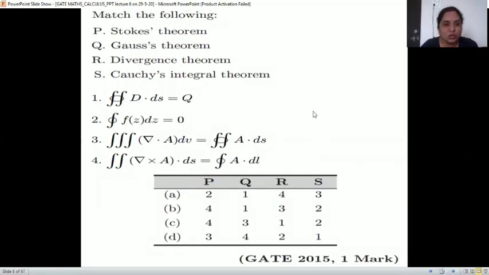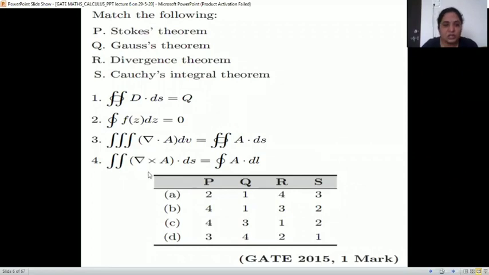Always remember Stokes theorem is cross product del cross A bar, right? So wherever there is a Stokes theorem, just check del cross A bar. Wherever is the term del cross A bar, that can be the answer. Here is del dot, so this is not the Stokes theorem.